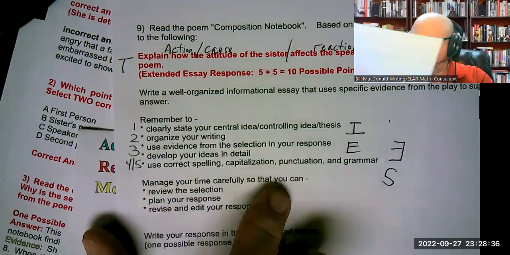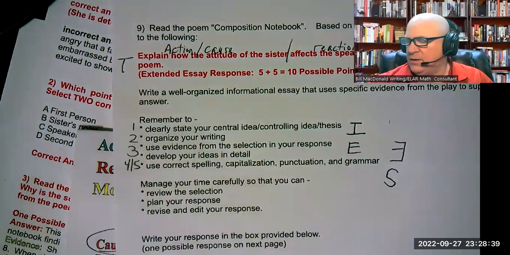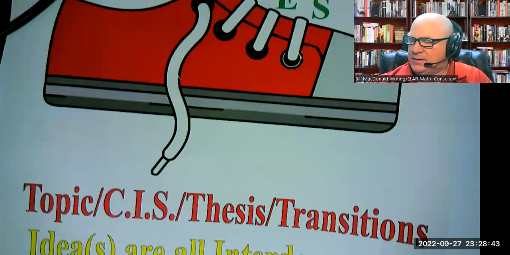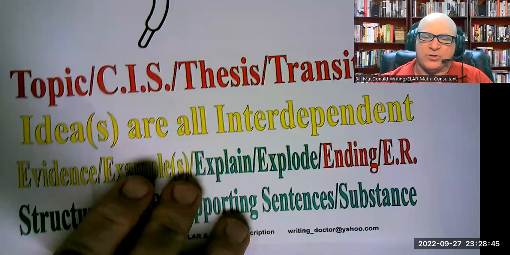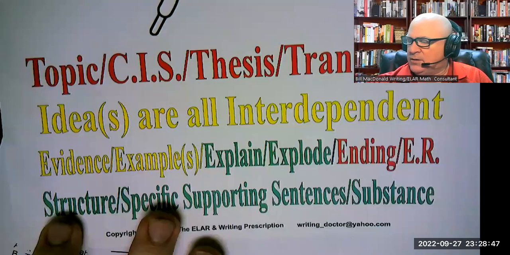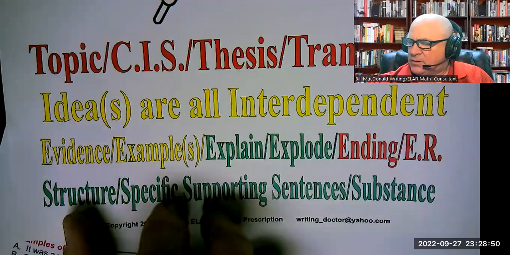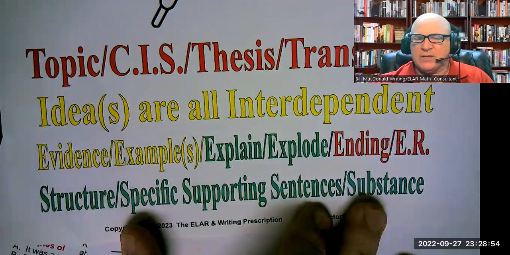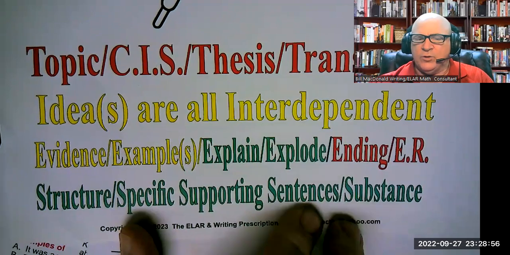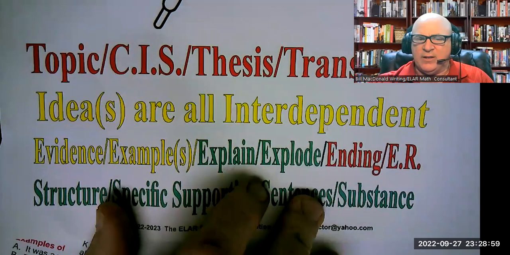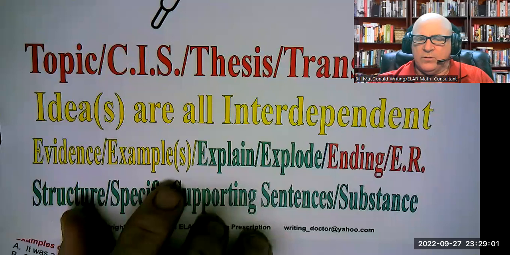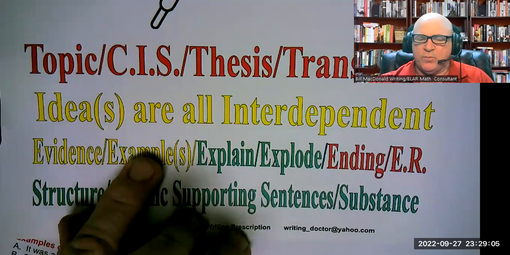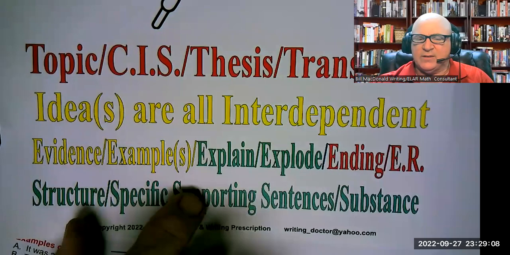And I noticed on the extended essay rubric that it does use the word structure, and it also uses the word substance. Whenever you're explaining something, you're giving whatever your evidence is or the example that you choose to use, specific support in the form of sentences.